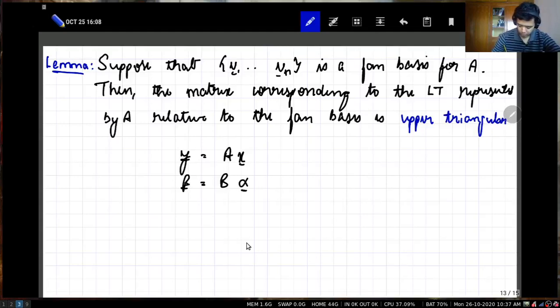Now an important property to note is that the ijth entry of B is: take the transformation of vj and look at the ith coordinate, right? So this gives you bij.